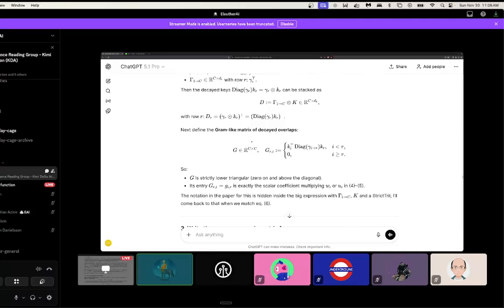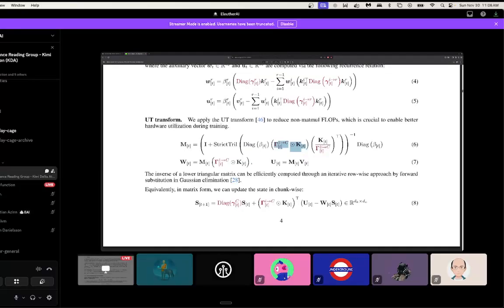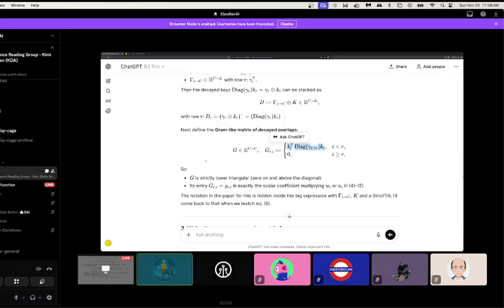And then these G's here are just these Gram-Schmidt type terms in U and W. So that's G. The rth row and ith column is just the dot product between I and R with the decay between those two time steps.